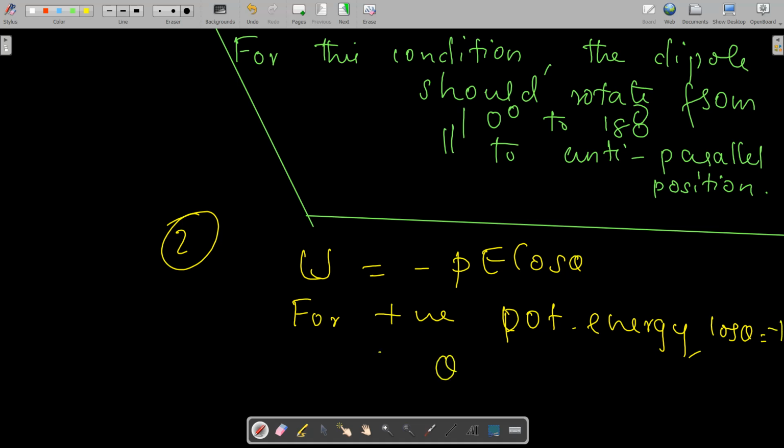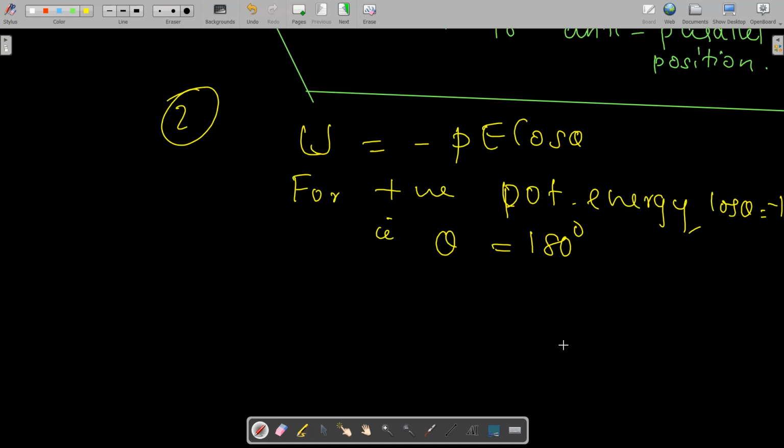That is theta equal to 180 degree. Or U equal to minus PE into cos 180. Cos 180 is minus 1. So minus PE into minus 1 is plus PE.